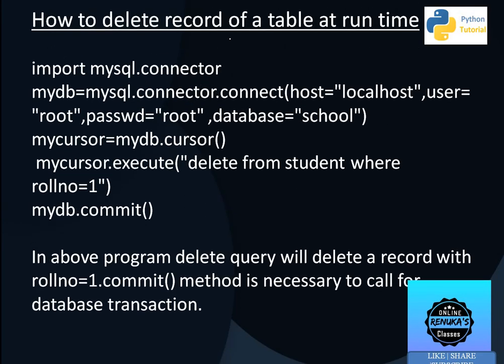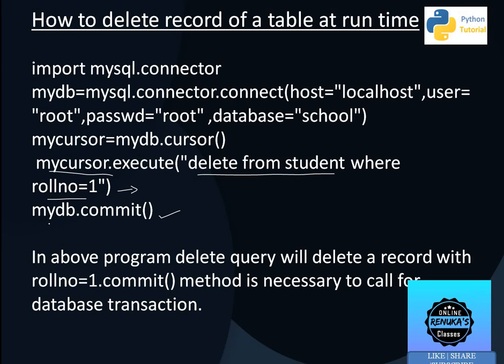Then how to delete a record after connectivity. Suppose we want to delete from student where roll number is equal to 1. We can give this command with the help of my cursor object, and after executing this command we have to give commit, because till here the changes are temporary, meaning it will show on the screen, but when you open the database again, it's not necessary that the record will be deleted.